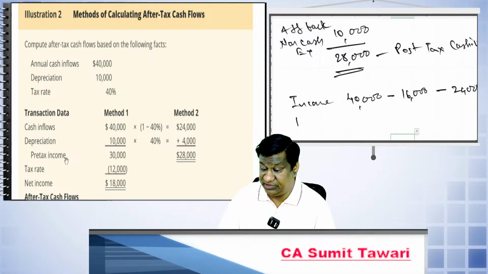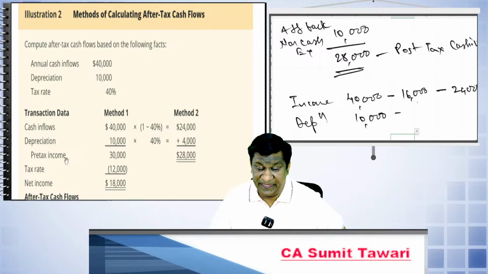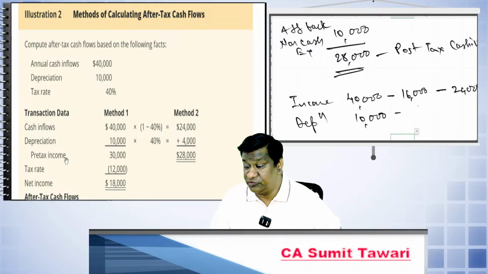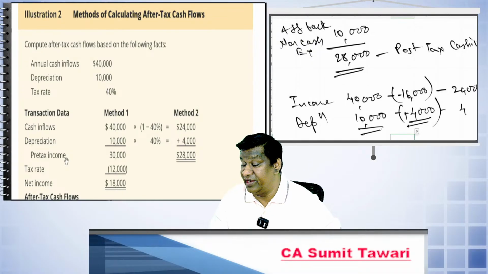For depreciation of 10,000, I do not require to pay the tax, I am going to save the tax, which is 4,000. This I consider as a minus, and this as a plus. Only the tax impact I need to consider, because this is a non-cash expense, so I add it here, and this will be 28,000.